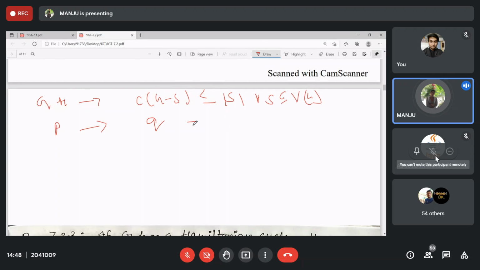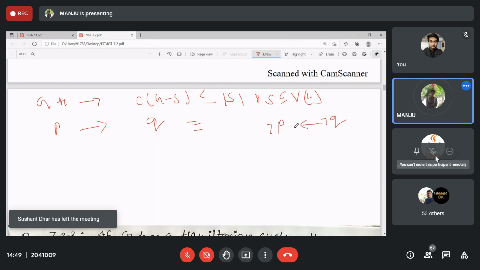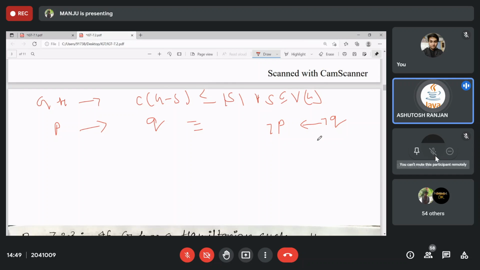But obviously if this condition does not occur, that is negation of Q, then you can conclude negation of P. Negation of Q implies negation of P. This is the contrapositive.